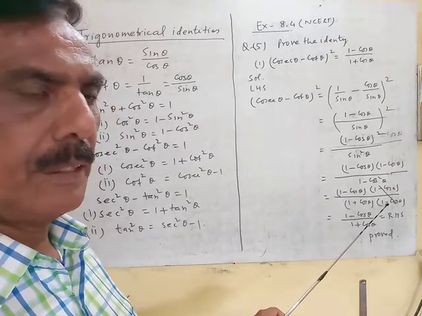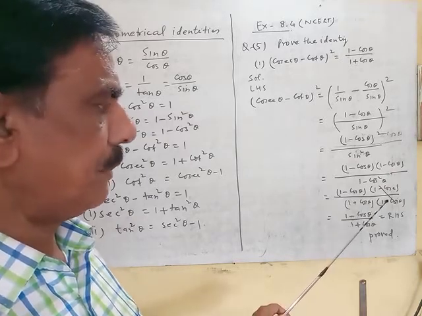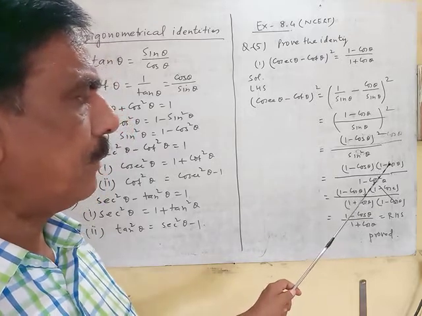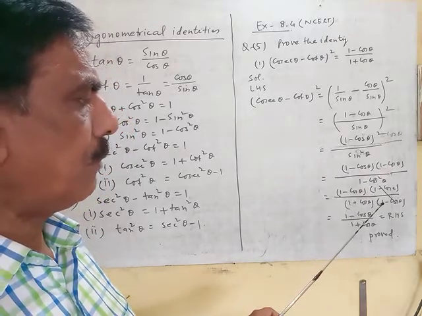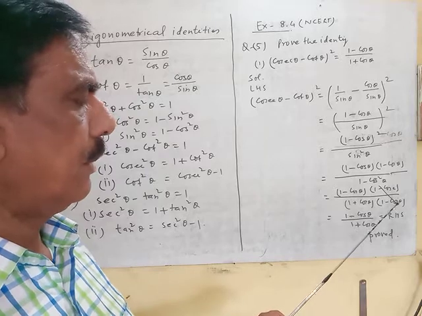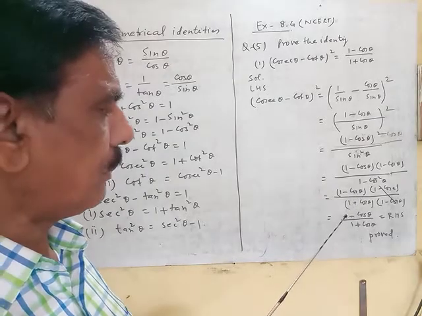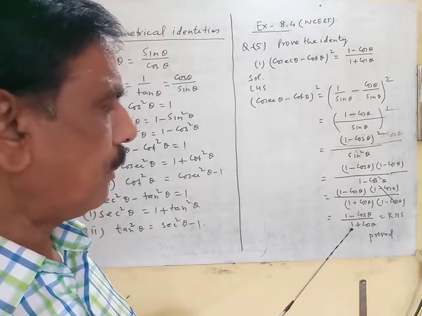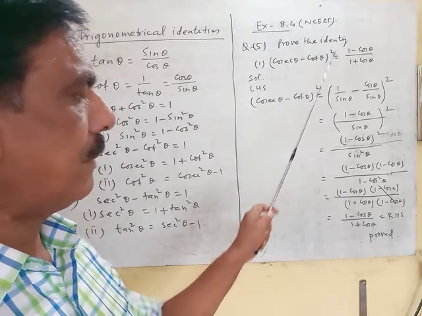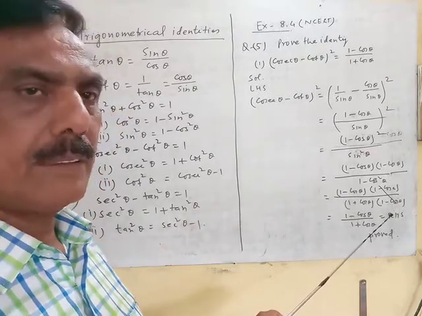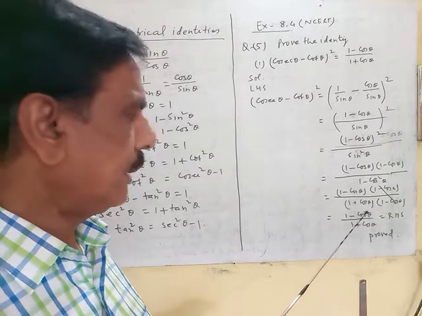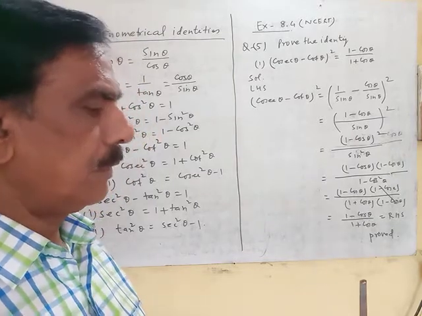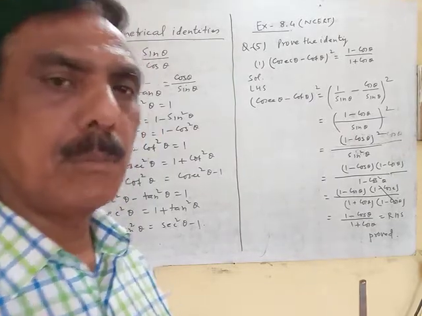Here (1 minus cos theta) and (1 minus cos theta) get cancelled. What is left is (1 minus cos theta) divided by (1 plus cos theta), which is what we have to prove. So this is equal to the RHS, and it is proved. Likewise, I will prove some more identities.